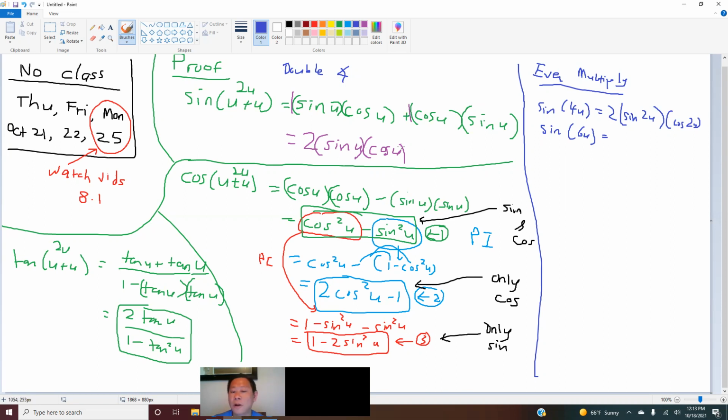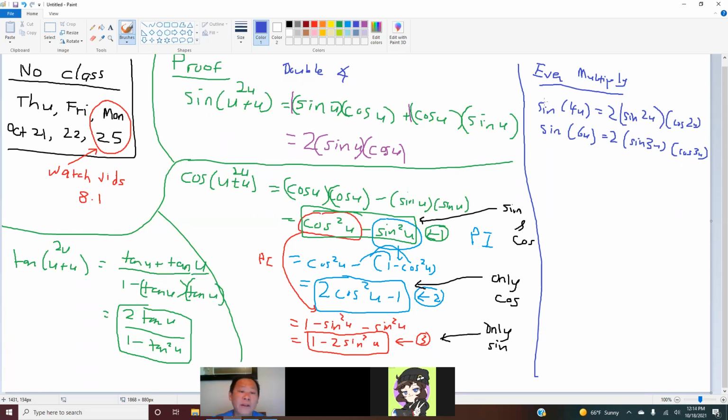What happens to your angle? So it will become 2 sine, what is half of 6? 3. So there will be 3u here. So this is how we figure out your even multiplier.